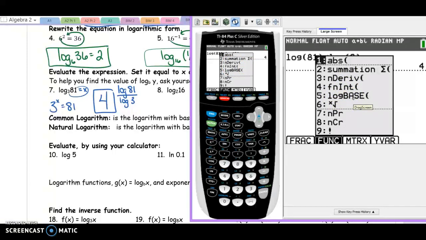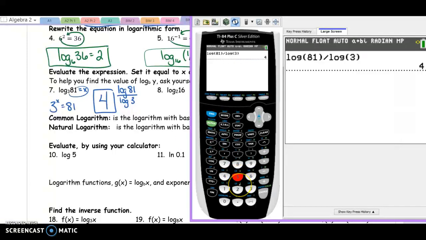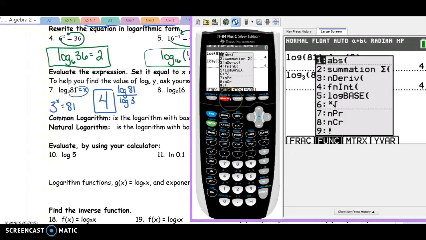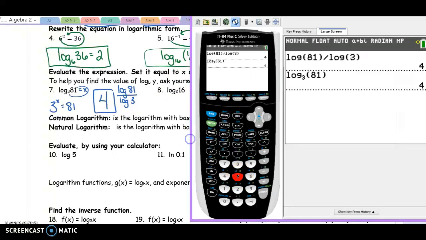Option 5 is log base. So I select log base, and look, it lets me stick in log base 3 of 81, and it will calculate it for me. So the newer calculators have log base whatever programmed into them. You just have to know how to get there. The trick is alpha button, window button, and then option 5, log base.